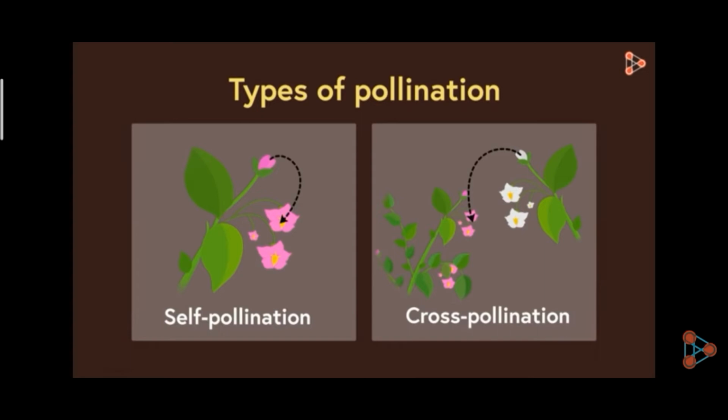Did you understand the difference here? Self-pollination, only one plant is there, but it can happen in the same flower or in different flowers of the same plant. But in cross-pollination, there will be two plants and pollination will happen between two different flowers of the same species.